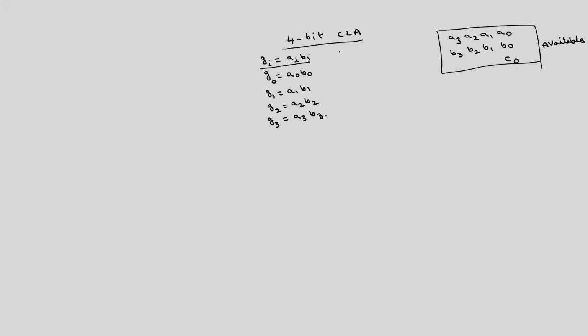and then the propagate signal Pi is equal to Ai exclusive OR Bi. So, what is P0? It is A0 exclusive OR with B0, P1 is equal to A1 exclusive OR with B1, P2 is A2 exclusive OR with B2, P3 is A3 exclusive OR with B3.